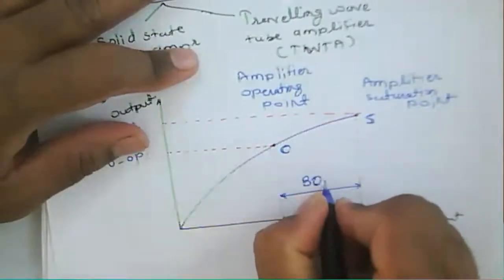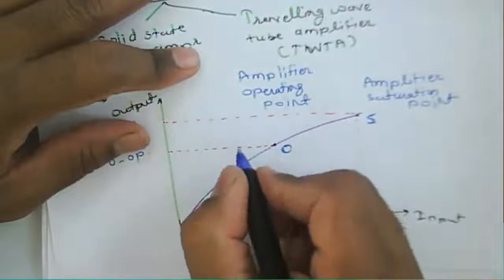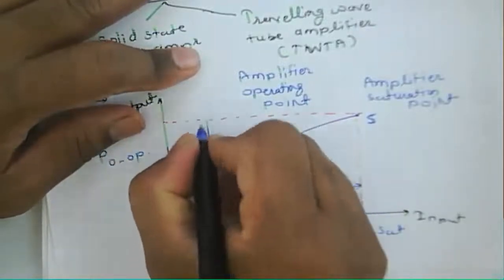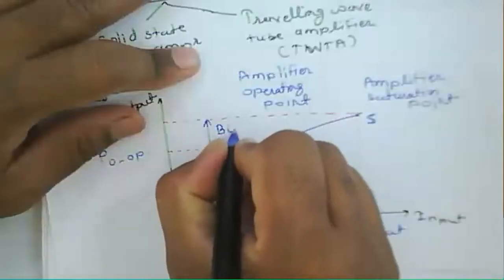This is called the input back off, and this is called the output back off.